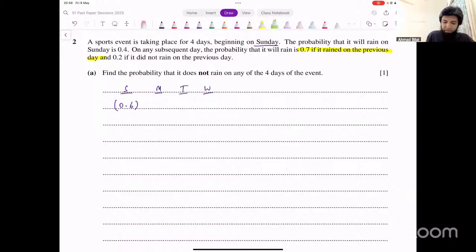And it would be 0.2 if it did not rain on the previous day. So if it did not rain on Sunday, the probability of not raining on Monday, what would that be? That would be 0.8. And then the next day as well, it will be 0.8, and then the next day as well, it will be 0.8. And that will give you the result. You can see what that is. What about this now?